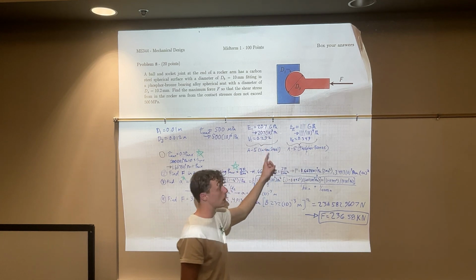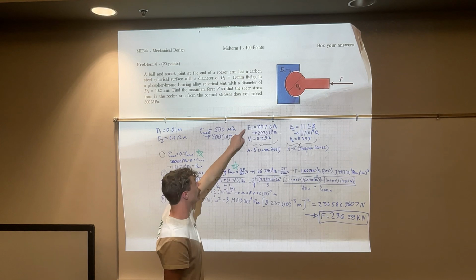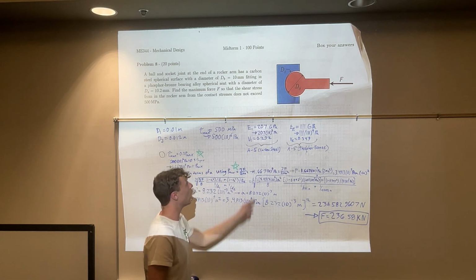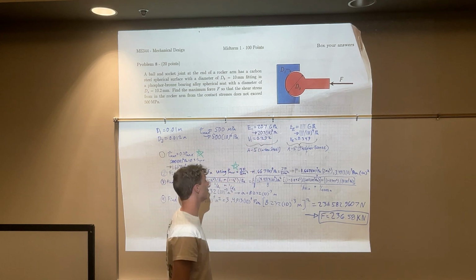In the problem statement, it gave us the materials, so we went to A5 to find the elastic modulus values and the Poisson's ratio values. Now you'll note that we actually had to convert those to pascals as well.